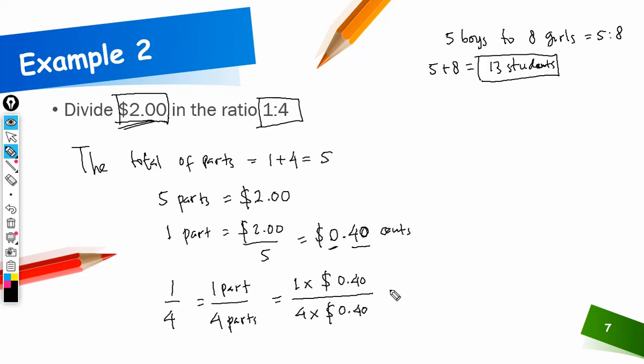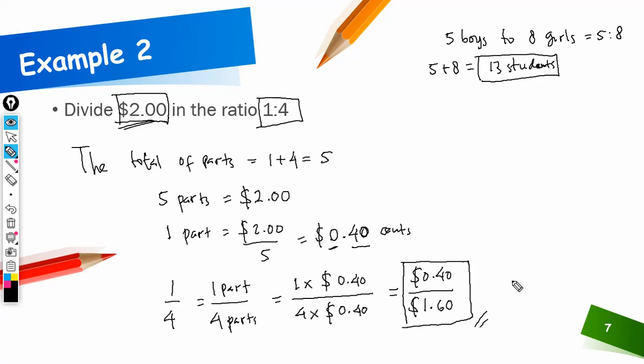Okay, because for one part is 40 cents, so for 4 parts it is 4 times 40 cents, and the result is $1.60. So this is the ratio.